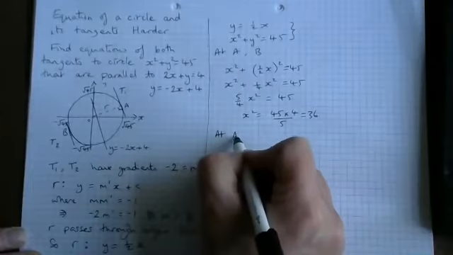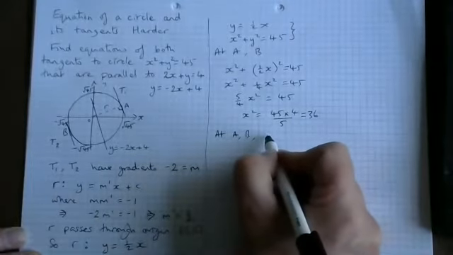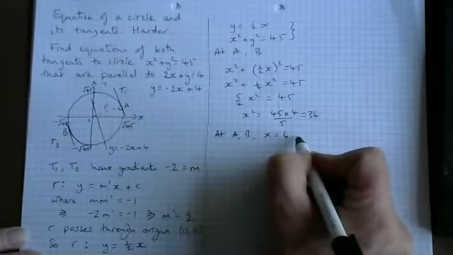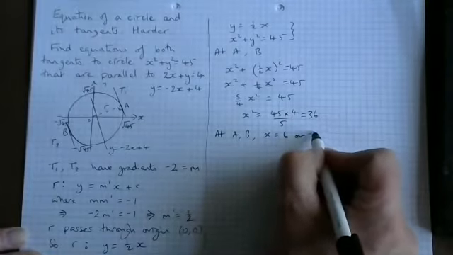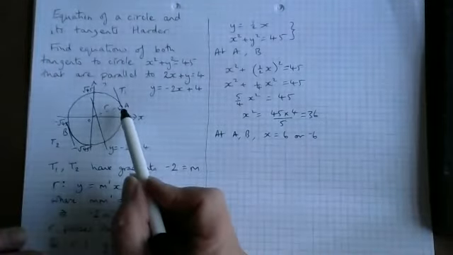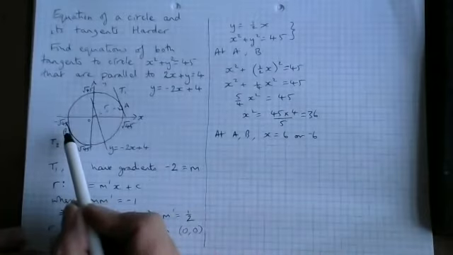At A and B, x equals 6 or minus 6. Now we can see from our diagram that A must be 6 and B must be minus 6.